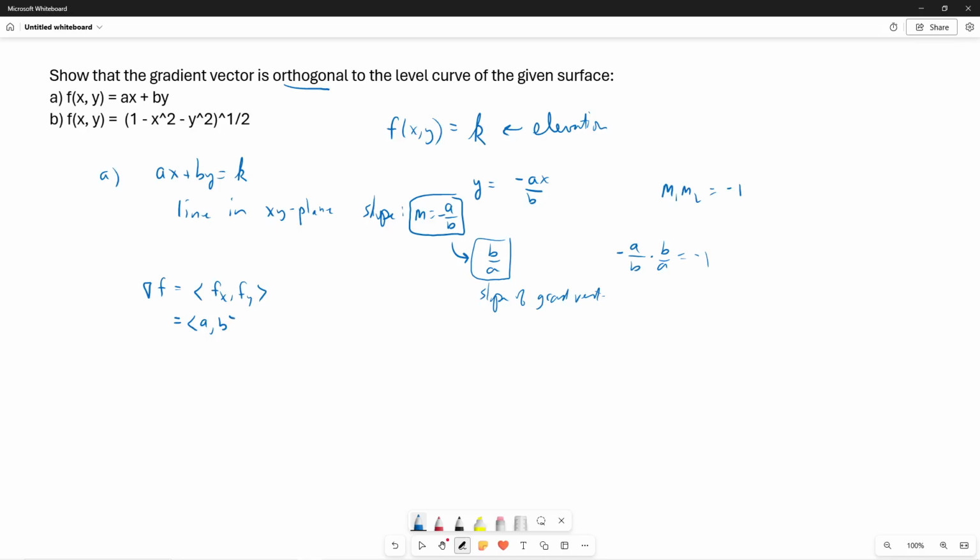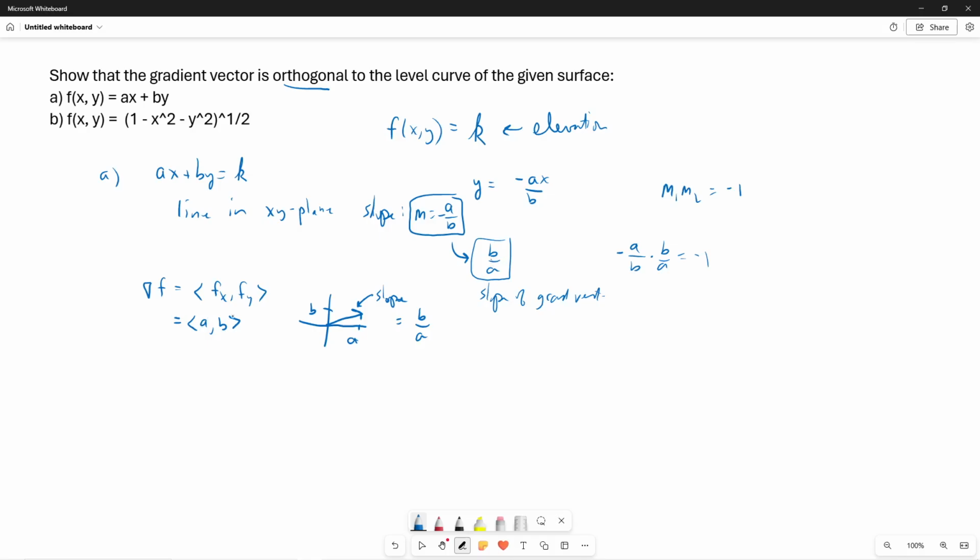So the vector a, b, this is a, this is b. The slope is the rise over the run. The rise is b, the run is a, so b over a.